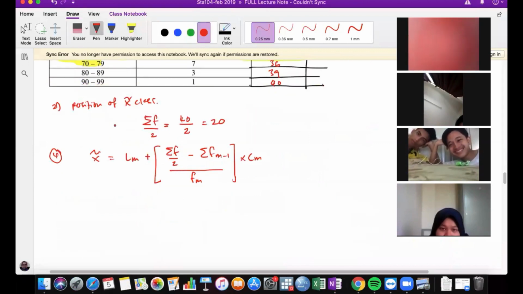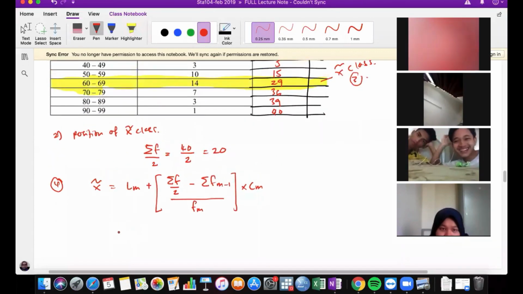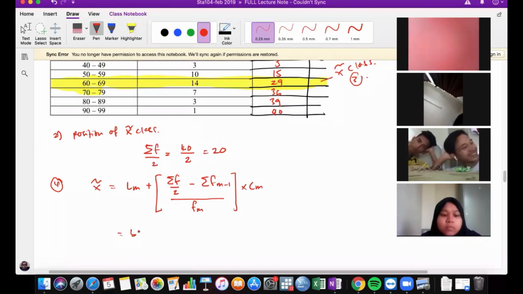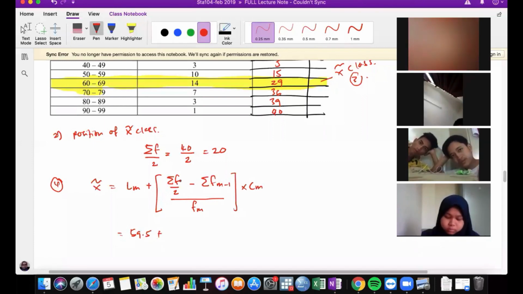So what is the lower class boundary for the median class? 60 plus 59 divided by 2 is 59.5. Are you okay with this one? The position of the median, summation of F divided by 2, is equal to 20.